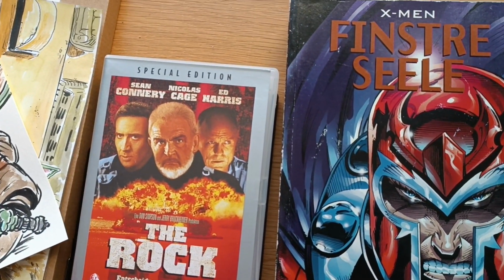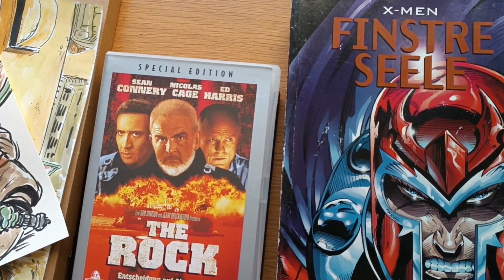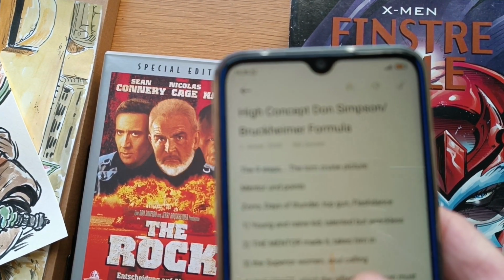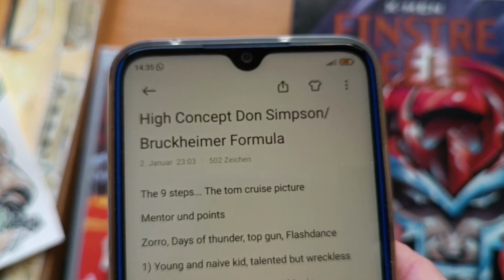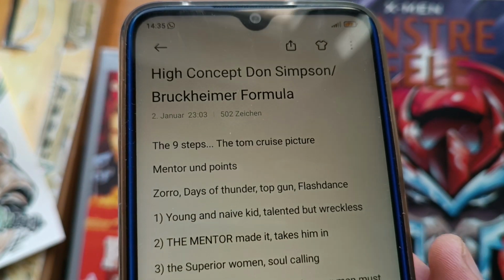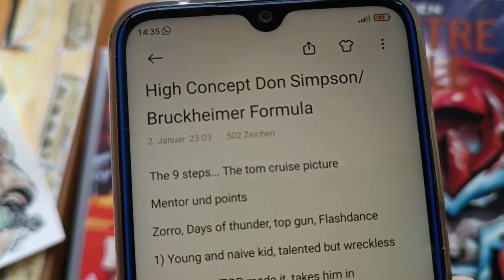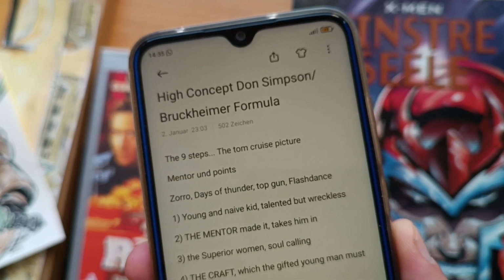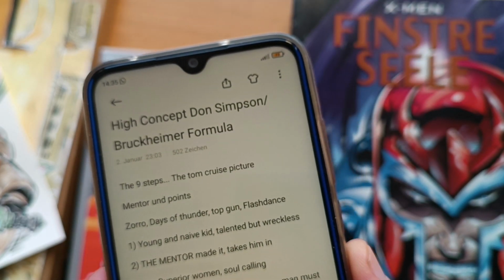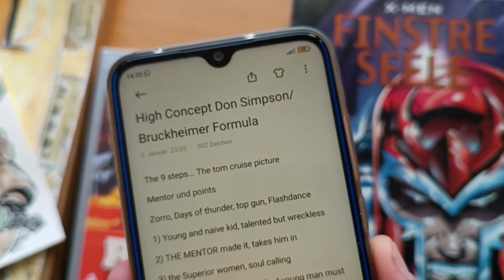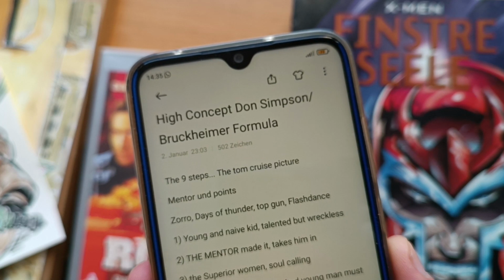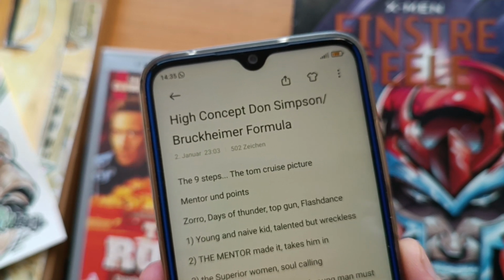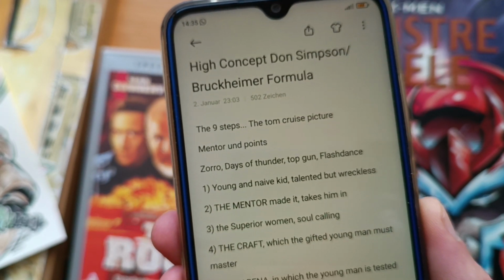So let's take a quick overview of the high concept formula, with which some of the most successful 80s and 90s movies were made. And let's be honest, the past 20 years, movie-wise, I don't remember the classics, but I remember a bunch of movies from the 80s and 90s.